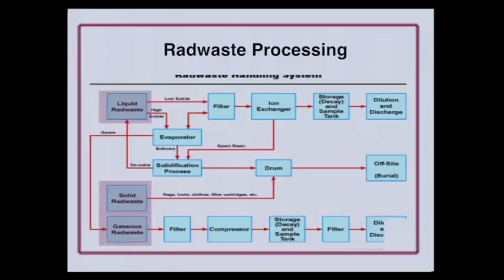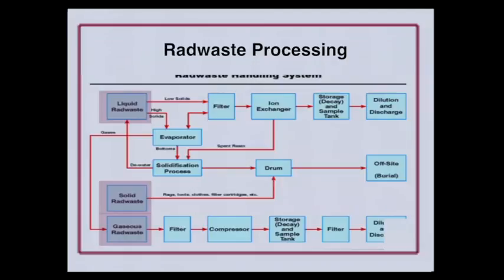And just as a reminder, this is taken for a power plant, but you can apply it anywhere. As far as the three major types or physical forms, liquid, solid, and gaseous rad waste.